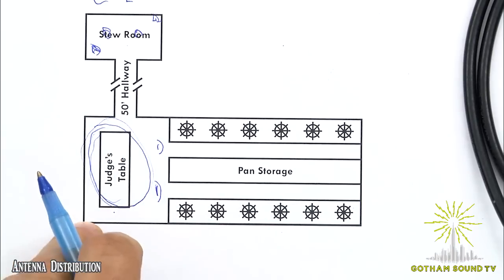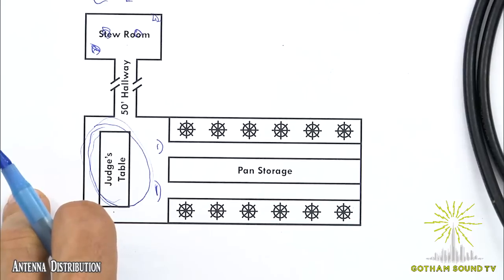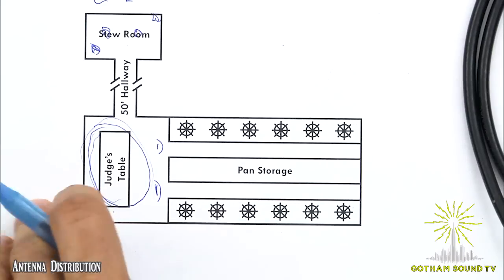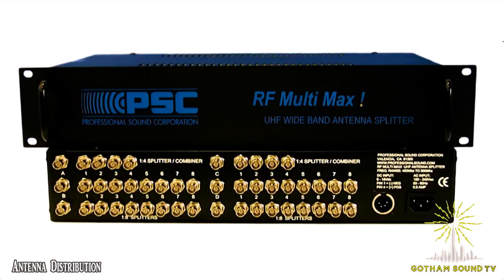So that leads us to an interesting question, which is how do we combine these multiple zones of RF into two diversity inputs of our receivers? And Jared, if we can show the PSC, yeah, there we go, the Multimax, thank you. This is a typical product. Multiple manufacturers make products similar to this. Professional Wireless has their DB8 version of this.